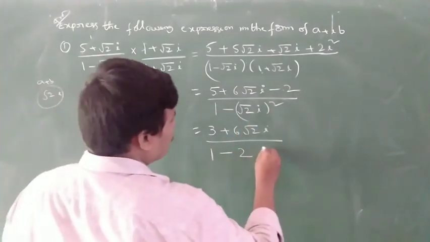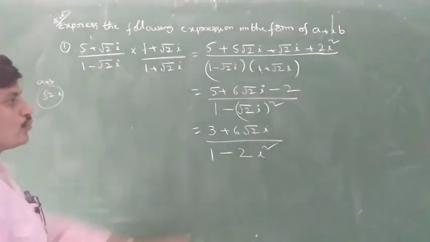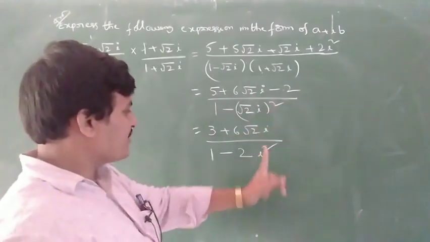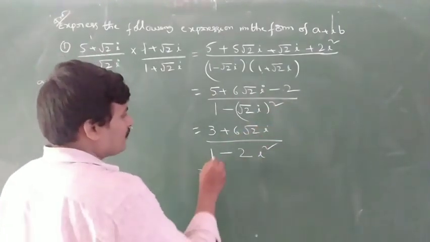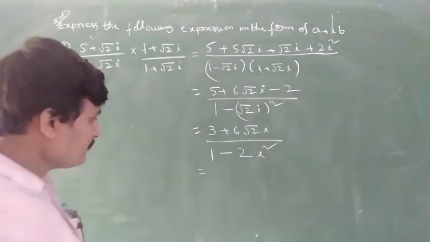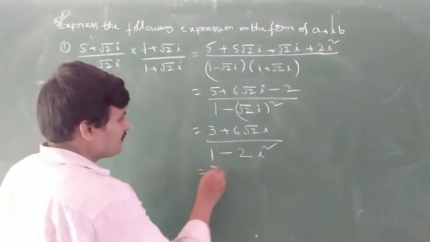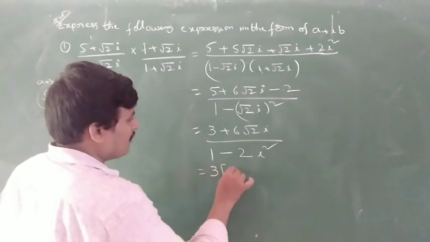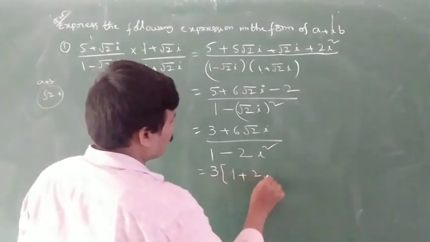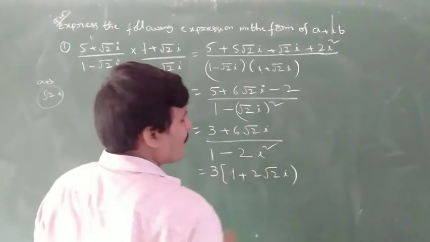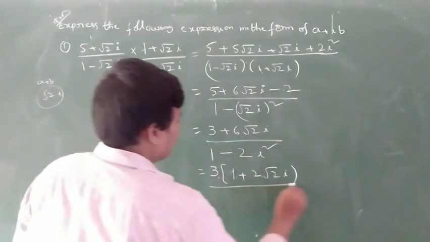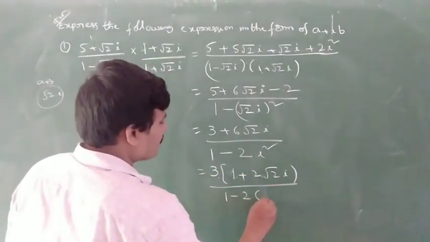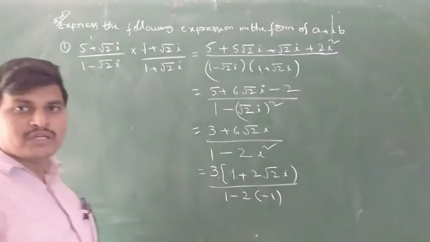By 1 minus root 2i whole square, which is 2 into i square. I square value is minus 1. So here 3 is common: 3 into (1 plus 2 root 2i) by 1 minus 2 into i square value minus 1.